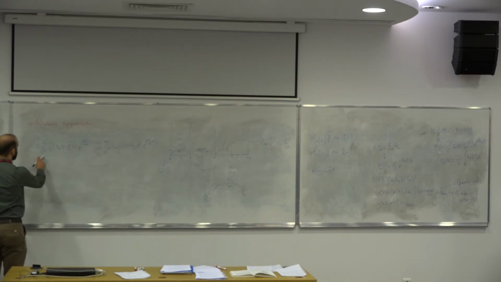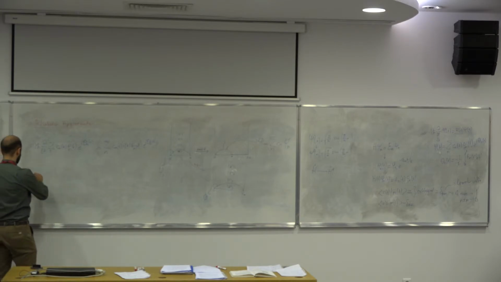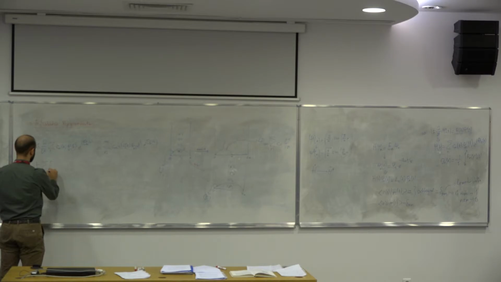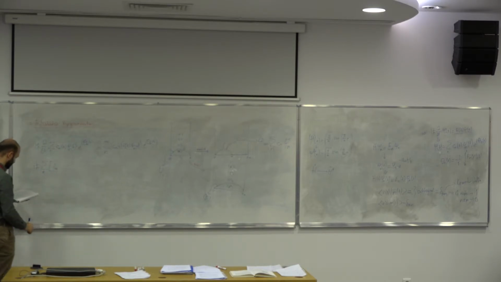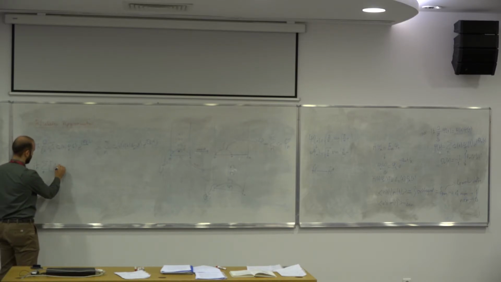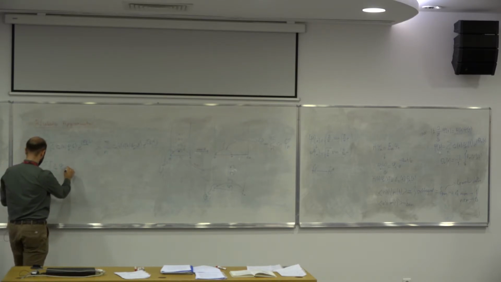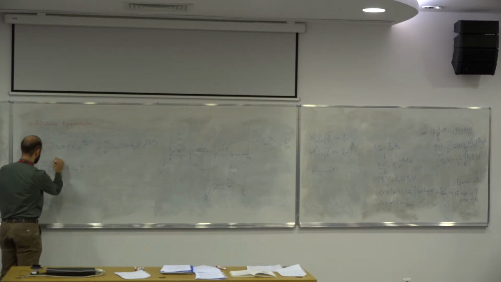Now if I take the time derivative of this part, this is what I'm going to get. iħ sum over n. I'm going to denote time derivative with a single dot: Ċ_n φ_n plus C_n φ̇_n, so this is the time derivative.